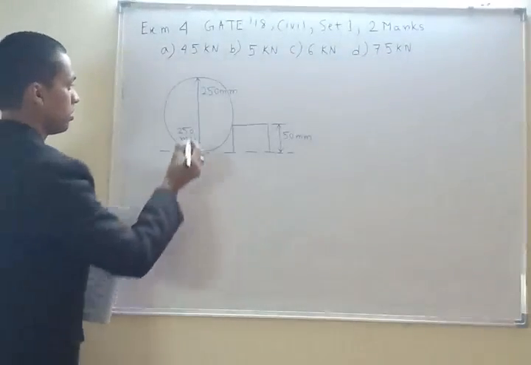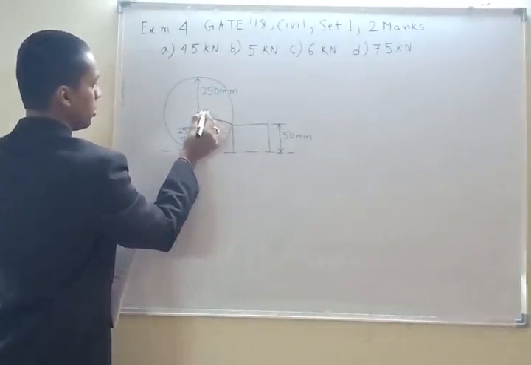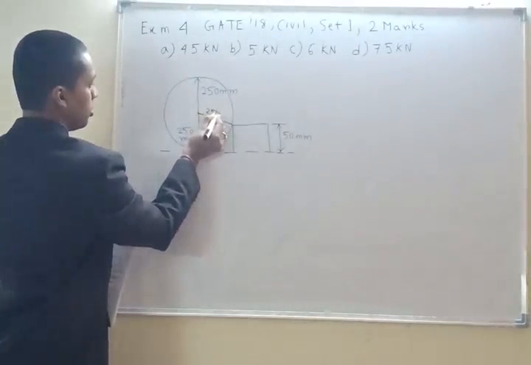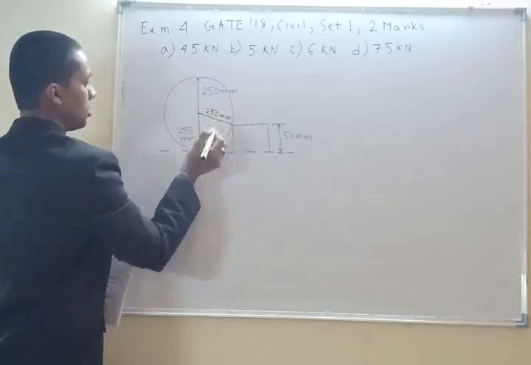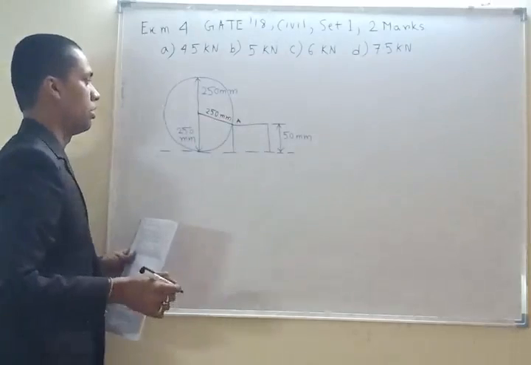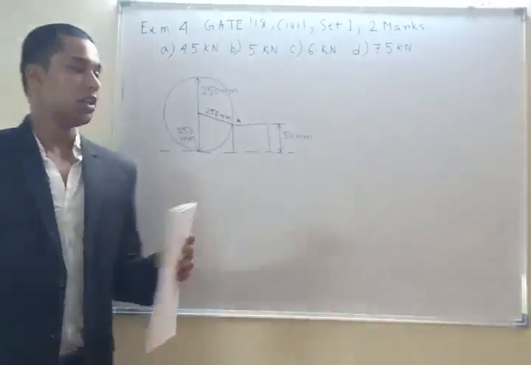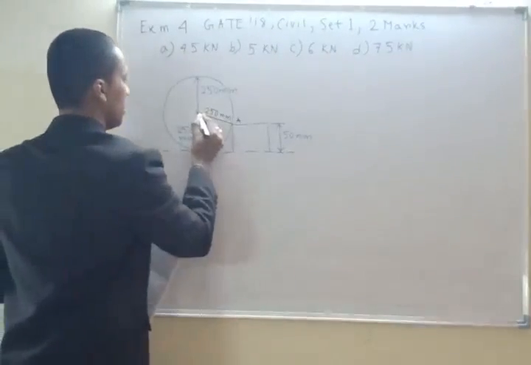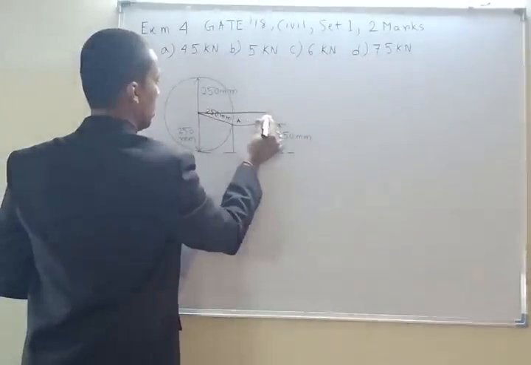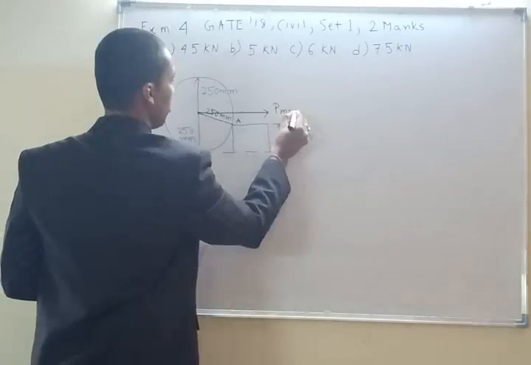This is the center. From here, this is 250 millimeter. This is say the point A. The force applied in this case is at its center, like this, and this should be P minimum.